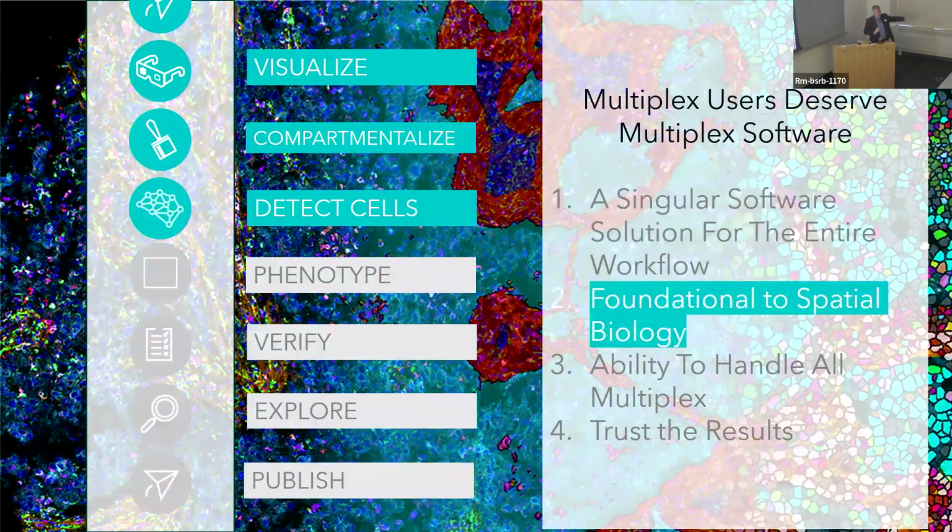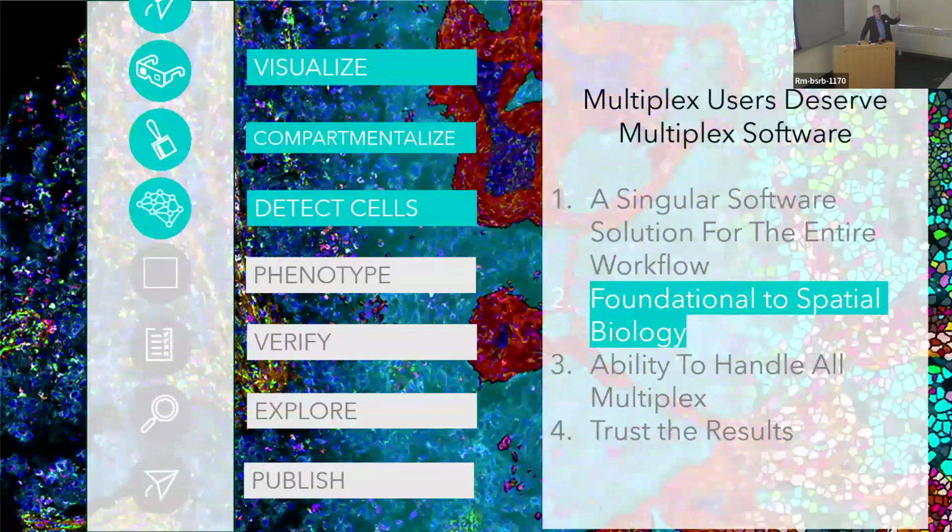So being able to do those regional compartmentalization of the tissue, but also being able to find every single cell. We need to know what you are, and we need to know where you are in the tissue before we can do any true spatial biology.